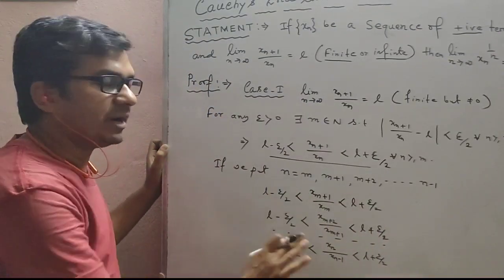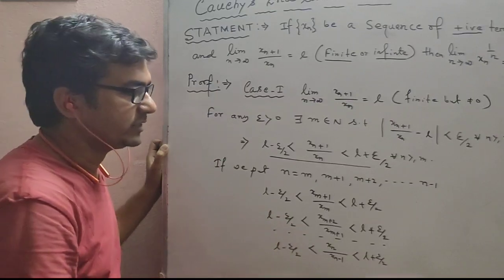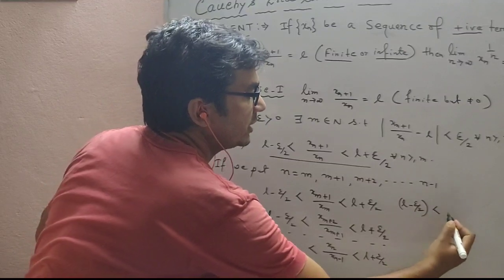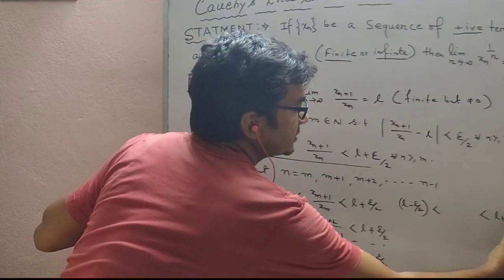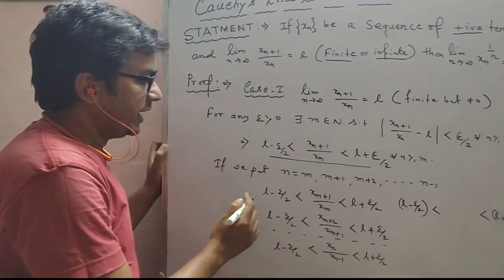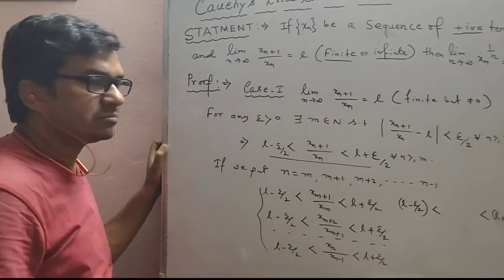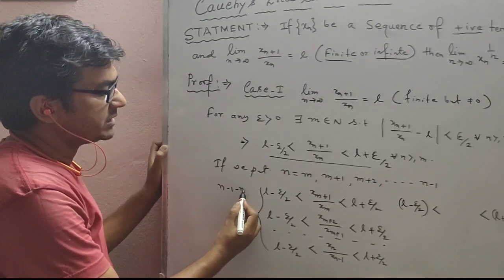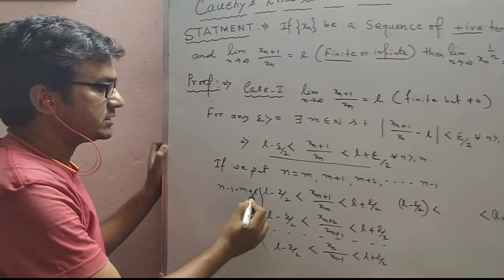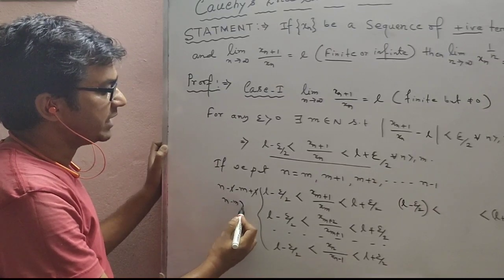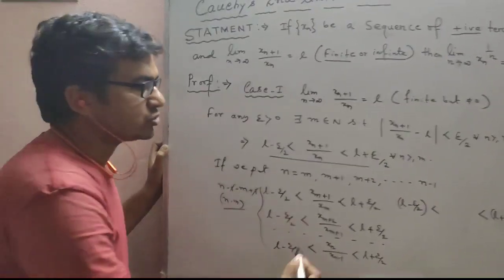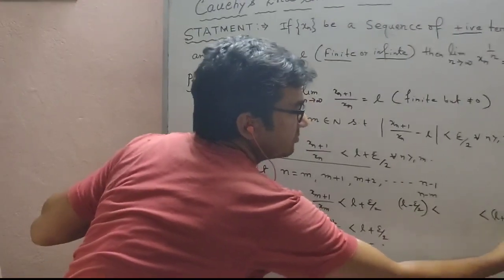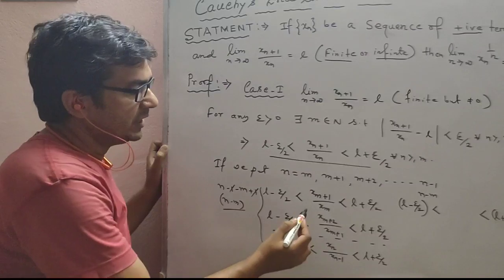Now if we multiply vertically all the results, we get L minus epsilon by 2 to the power n minus m less than xn by xm less than L plus epsilon by 2 to the power n minus m, since there are n minus 1 minus m plus 1, that is n minus m, number of relations.